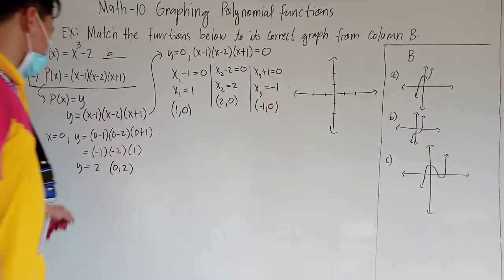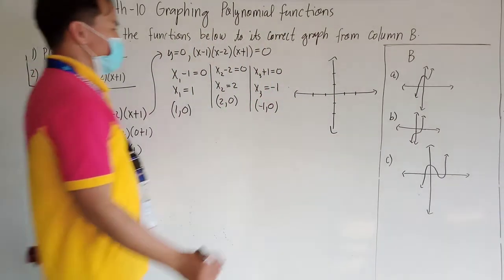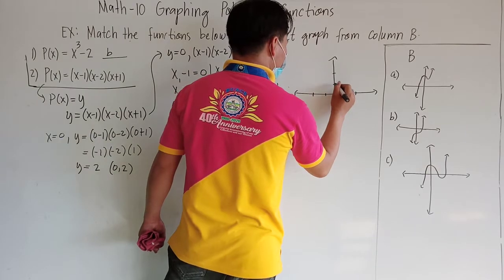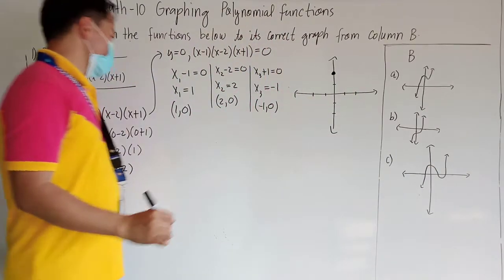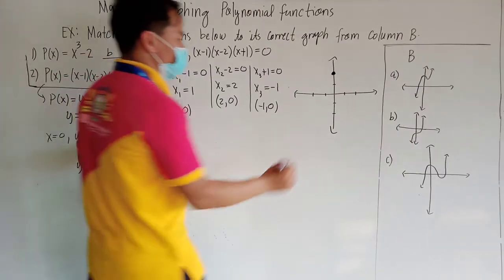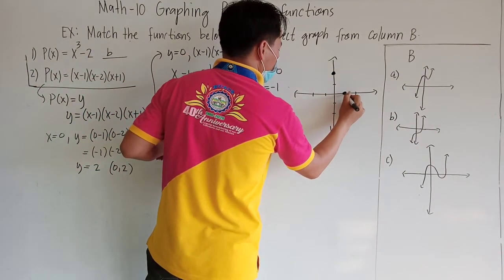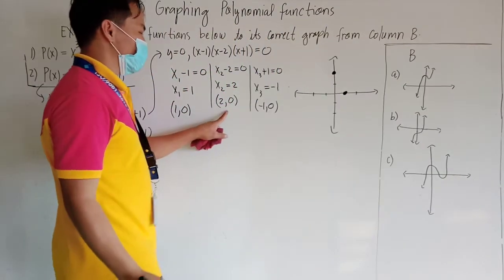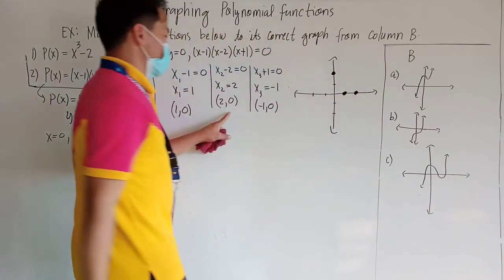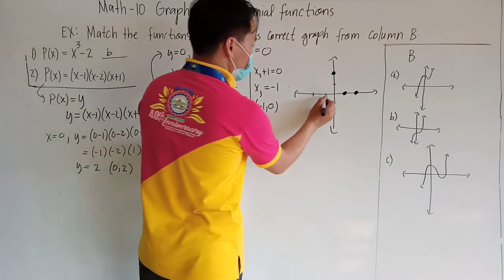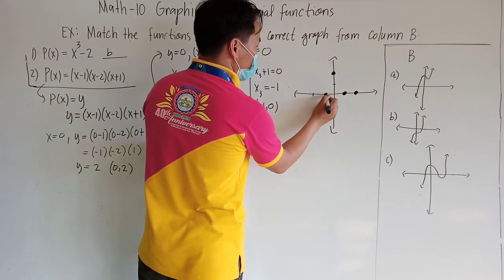Okay, first we have 0 and 2. 0 is x, 2 is y. So from this point. Next, followed by 1 and 0. Next, we have here 2 and 0. Next, we have here negative 1 and 0 from this point.